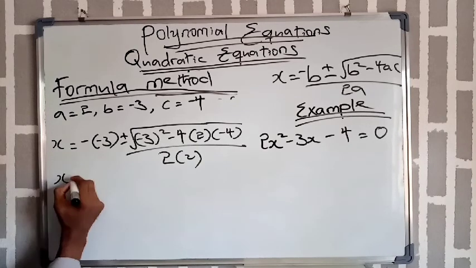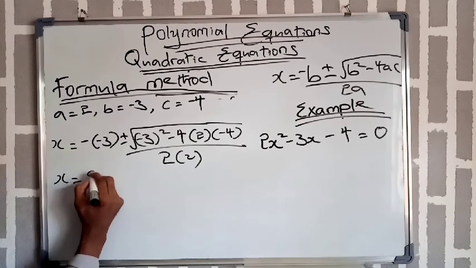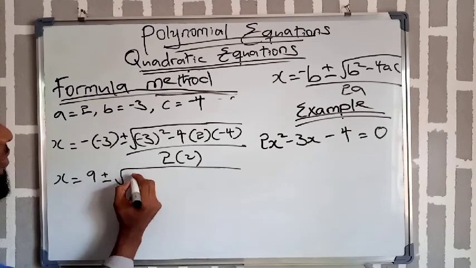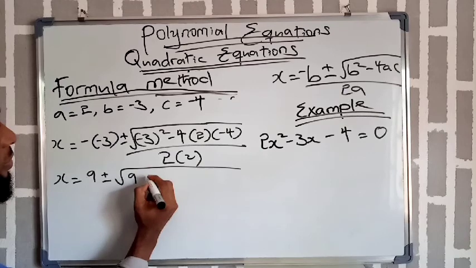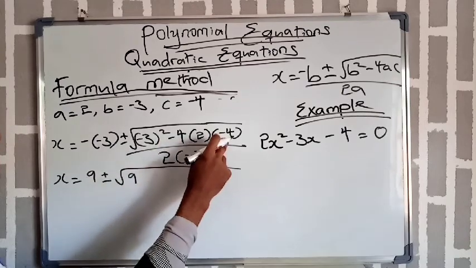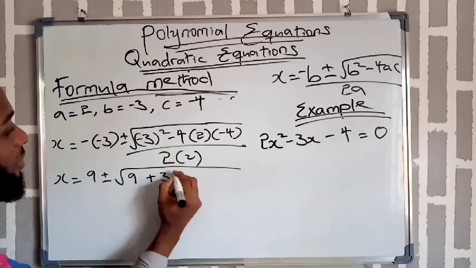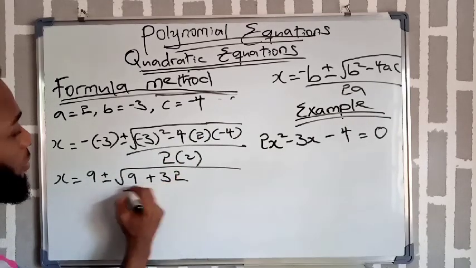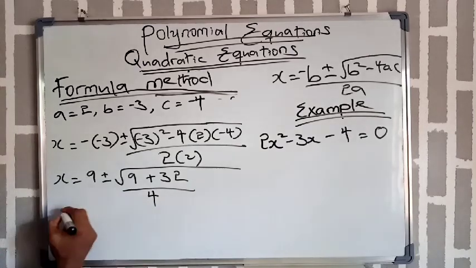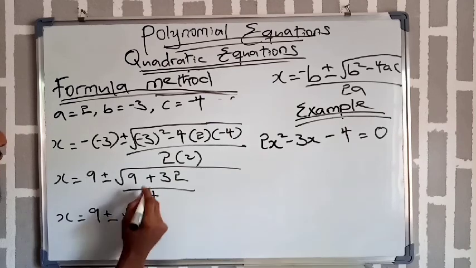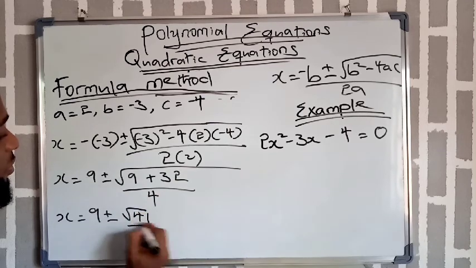So this becomes x equals 9 plus or minus square root of 9, 4 multiplying 4, minus what is minus 4, that's 16, 16 times 2, that's positive 32, over 4. Then this becomes 9 plus or minus square root of 9 plus 32, that's 41, over 4.